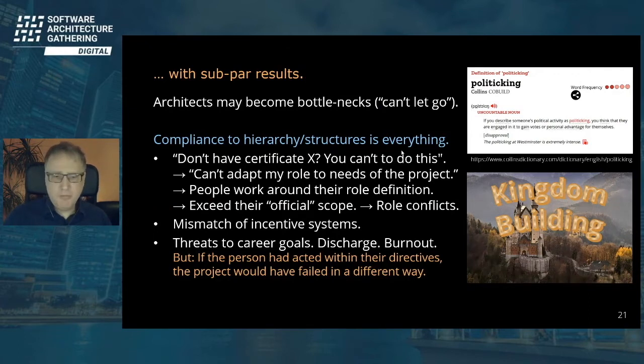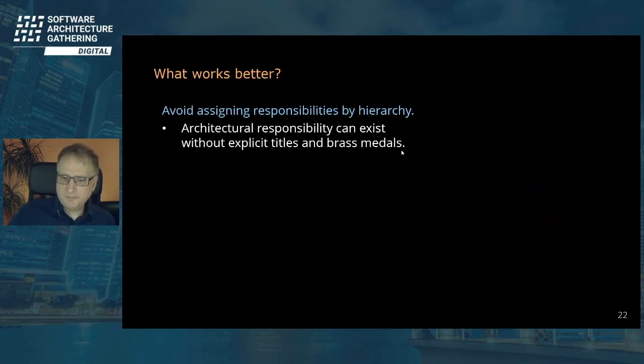So what can we do better? What works better? This is one thing I asked people in my interviews, and they said, of course, do it the small, agile startup way. We do not hand out responsibilities coupled just to job titles or hierarchies.